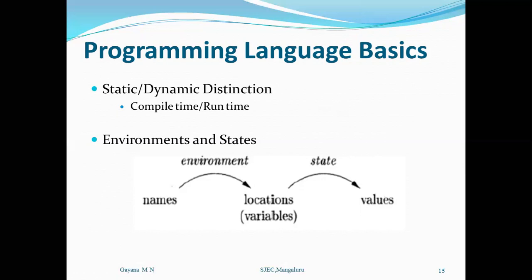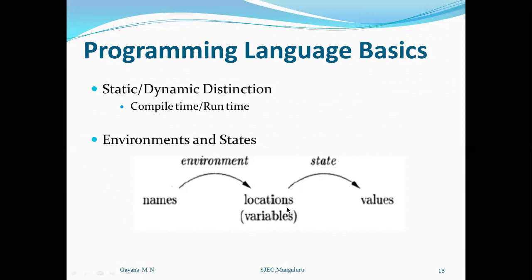Some policies are defined during the compile time of a program, and some policies are defined during the runtime, especially with respect to the usage of variables. Some variables, some constructs, their usage and definition, everything has to be decided during the compile time, whereas some variable usage has to be decided during the runtime.